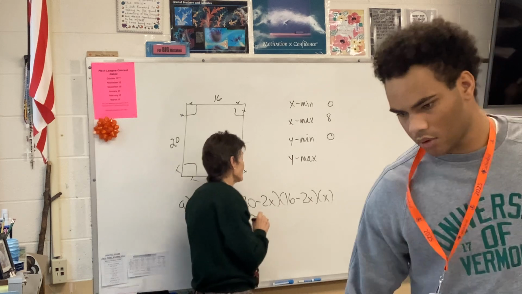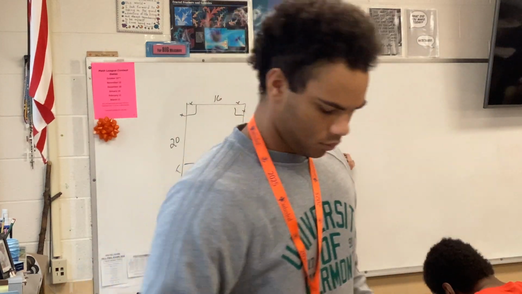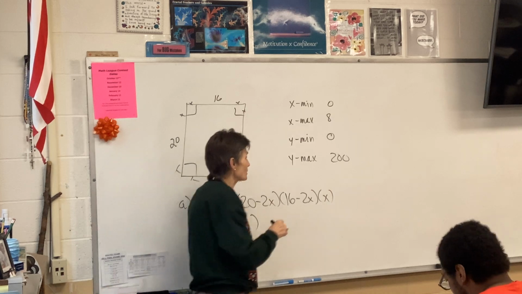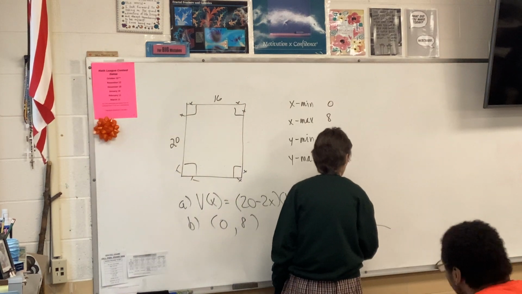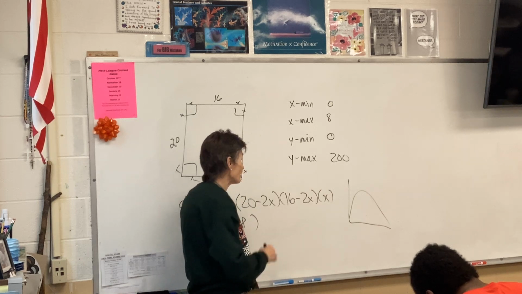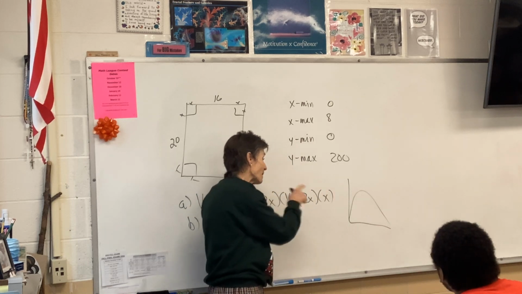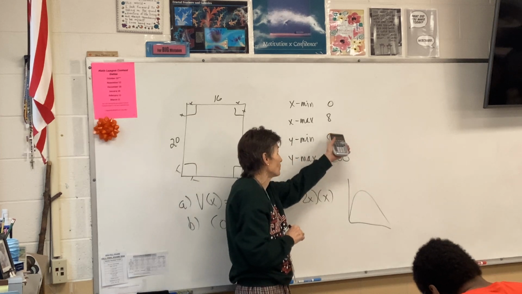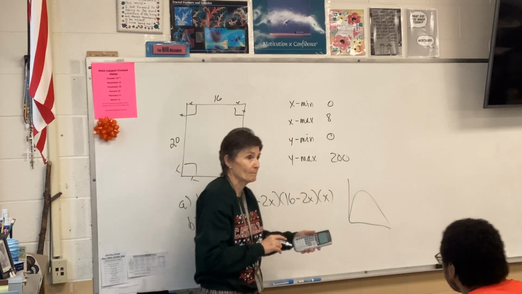So I'm going to randomly guess a number like 200, but I may end up changing that because when I graph this, this is what I need to see, right? And if I graph it with this window, I may or may not see that. I may have to change that number. These don't get changed. They're always the same.